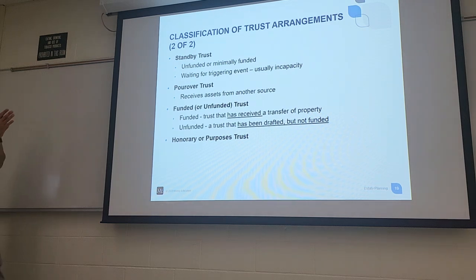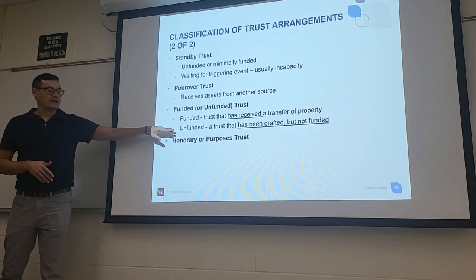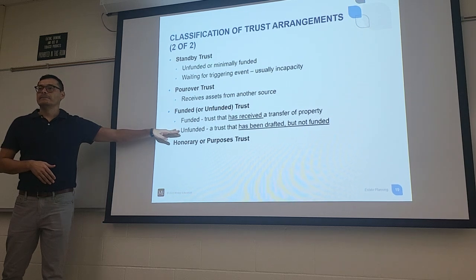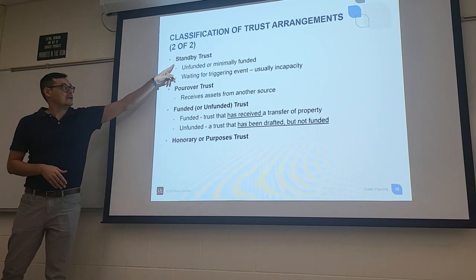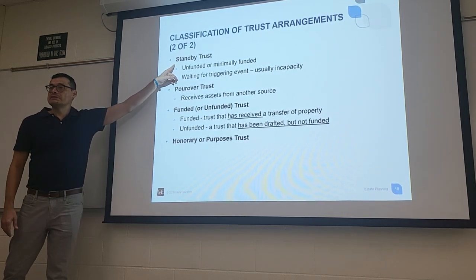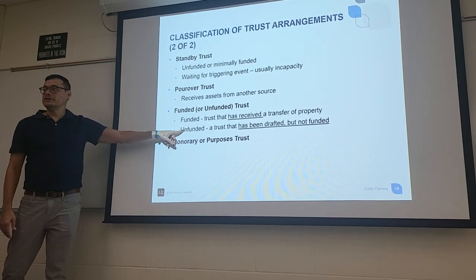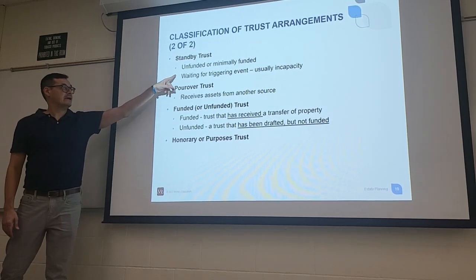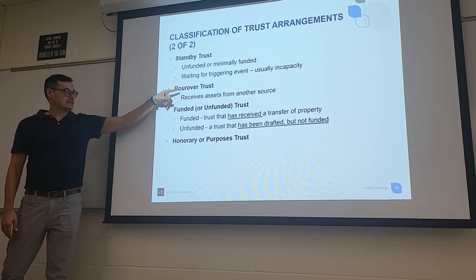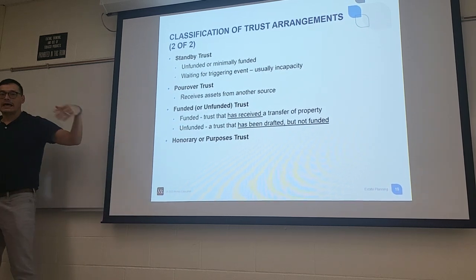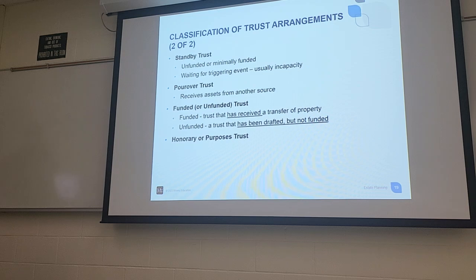For definitional purposes, it can be funded or unfunded. This is probably why it might be unfunded: if you have a standby trust and the triggering event hasn't happened yet, it's an unfunded trust, there's nothing in there. When the event happens, it triggers that the assets will now be held in trust.